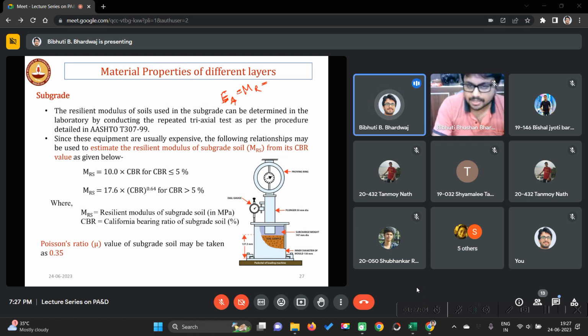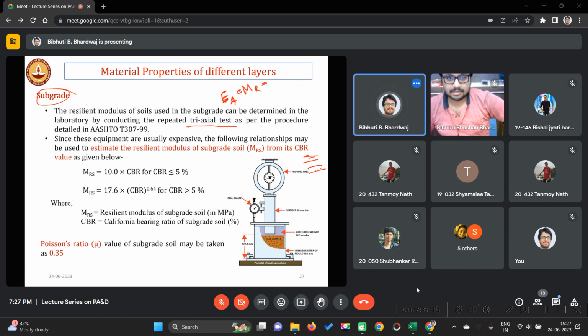So for finding the elastic modulus of the bottommost layer, that is subgrade, the bottommost layer, right, which is made up of soil alone. For that, the correct method is to perform a triaxial test, because the triaxial test is the king of all the tests in soil mechanics. It gives you the idea of many things.